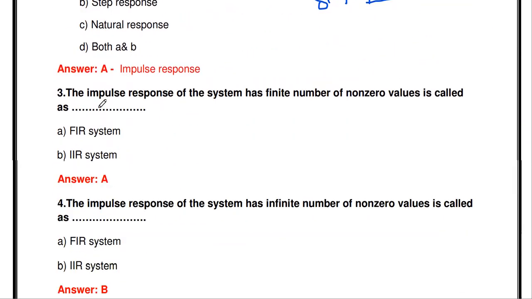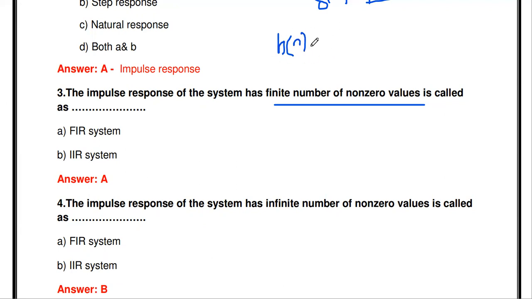Then the next one: the impulse response of the system has a finite number of non-zero values is called as dash. Depending upon the impulse response of the system, we can classify the system into two types: one is FIR, another one is IIR. FIR means finite impulse response system. IIR means infinite impulse response system. The impulse response is denoted by the symbol h of n.